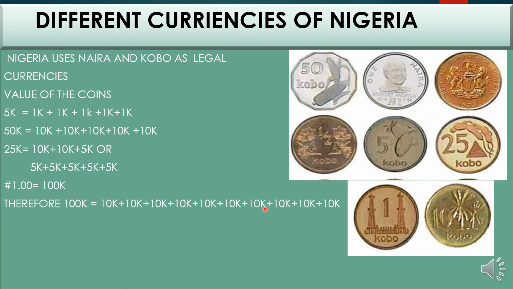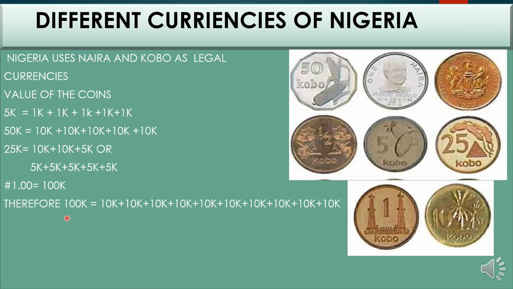That means 10 of 10 kobos will give us what? 100 kobo, which is what? 1 naira. Remember, 10 plus 10 plus 10 plus 10 plus 10 plus 10 plus 10 plus 10 plus 10 plus 10 will give us what? 100.